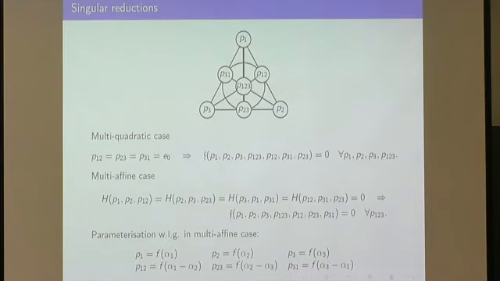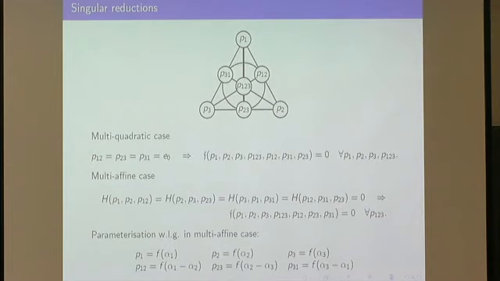So in the multi-affine case, the reduction is similar. It involves the center plane again, but now it involves 4 lines. In particular, the 4 lines that do not pass through P123. So that's the 3 lines around the outside and the circular line again. And we impose vanishing of H on all 4 of those lines.